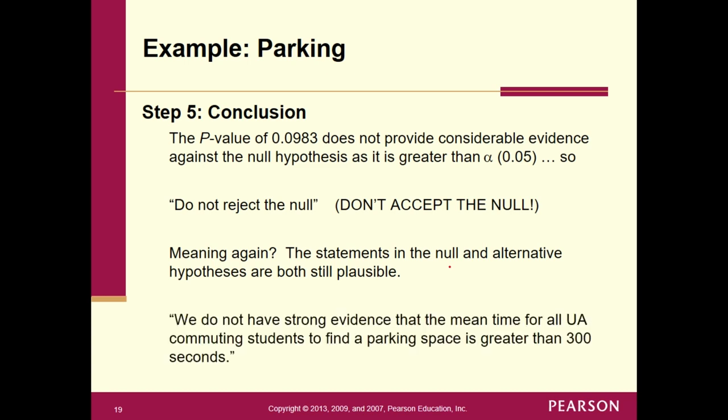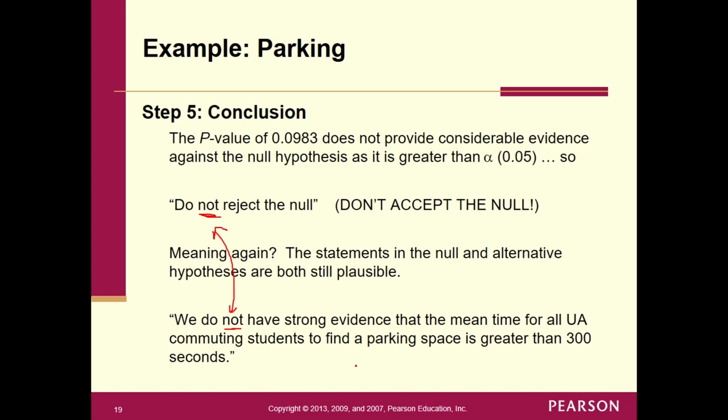So how are we going to state our conclusion? Since we said do not reject the null hypothesis, we're going to say we do not have strong evidence. We do not have sufficient evidence. We do not have statistically significant evidence. Remember, the nots go together. The do nots go together. When you say do not reject the null hypothesis, we would say we do not have strong evidence that the mean time for all UAE commuting students to find a parking space is greater than 300 seconds.